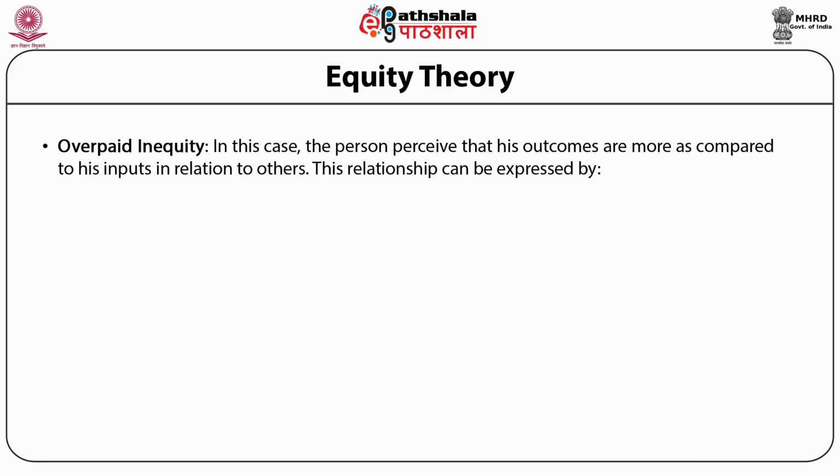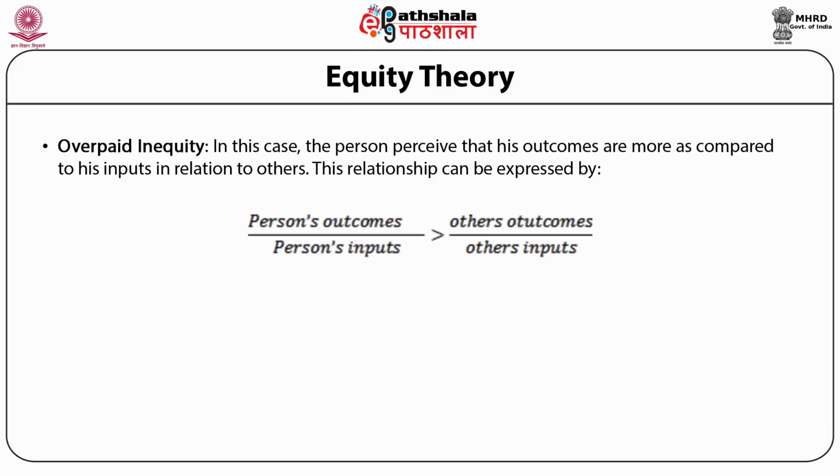This relationship can be expressed as: the ratio of person's outcome to person's input is greater than the ratio of other person's outcome to other person's input. In this case, the person experiences guilt feeling.